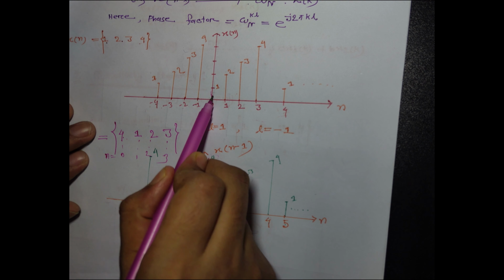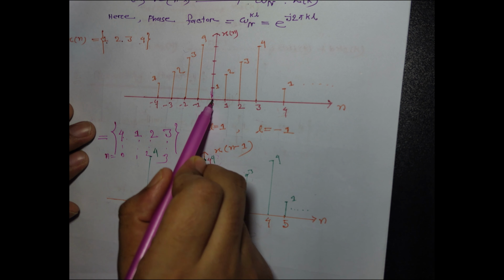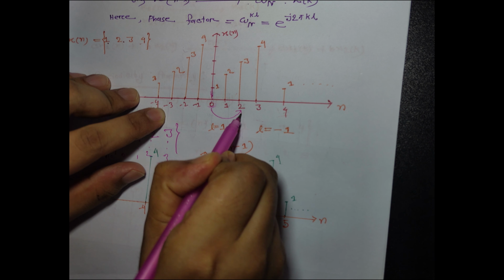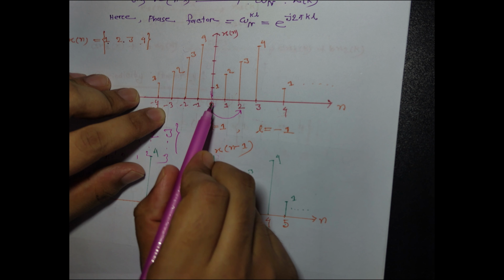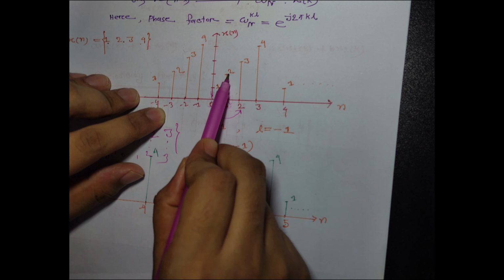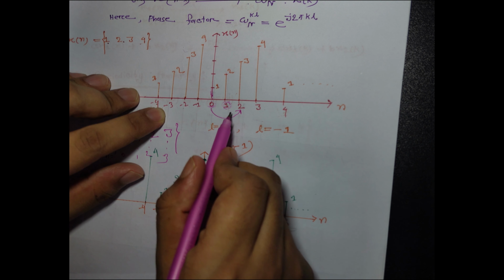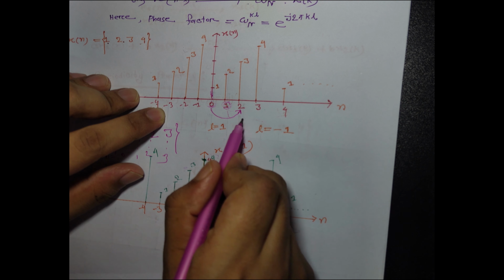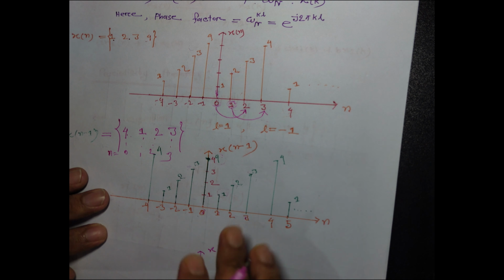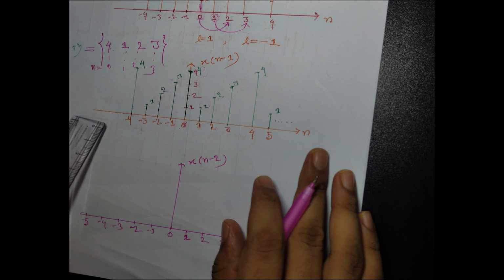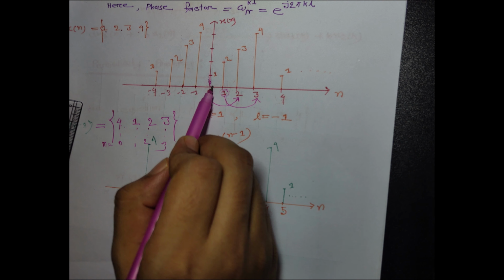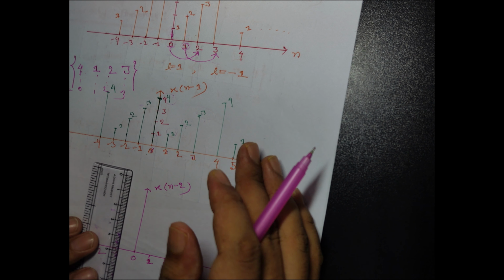The value 1 at the 0 position will be shifted to position 2, and the value 2 at position 1 will be shifted to position 3.